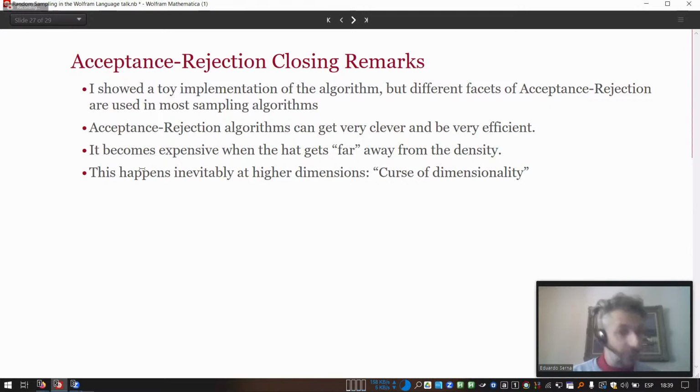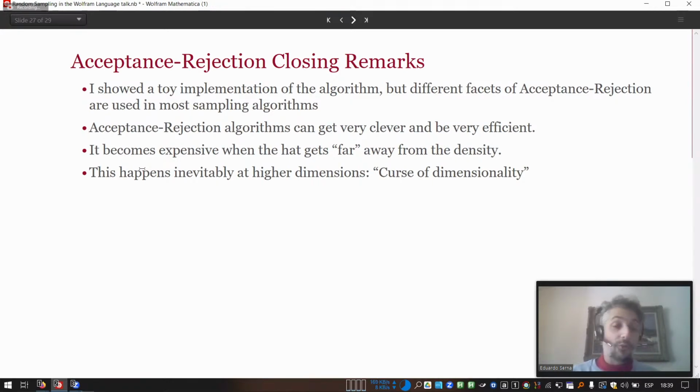So I showed a toy implementation of the algorithm, and I sketched an outline of a more complicated use of acceptance-rejection in the Ahrens-Dieter implementation for the Poisson. But acceptance-rejection is used in most sampling algorithms, and they can get very clever and be very efficient. I showed that one of the ways it becomes expensive is when the hat gets very far away from the density, when it's not tight.